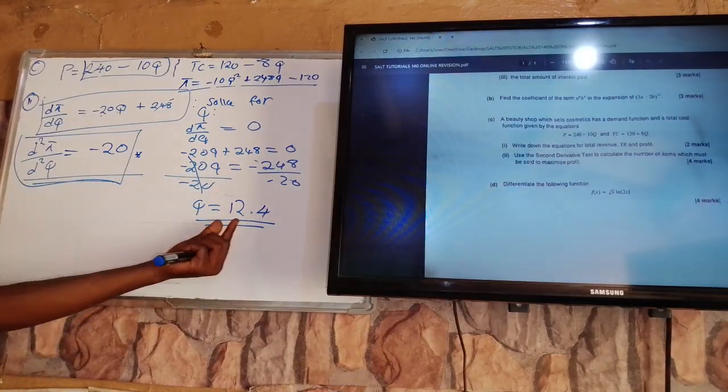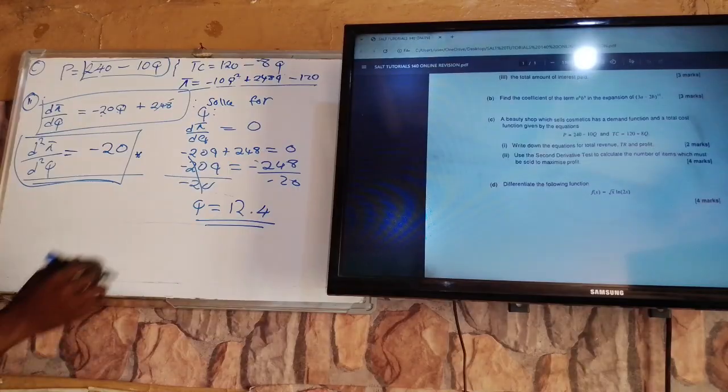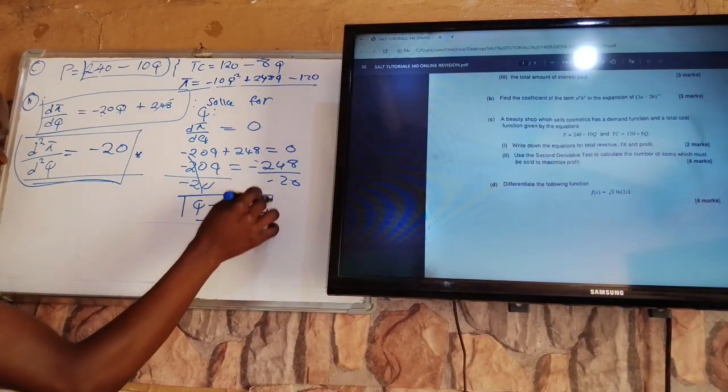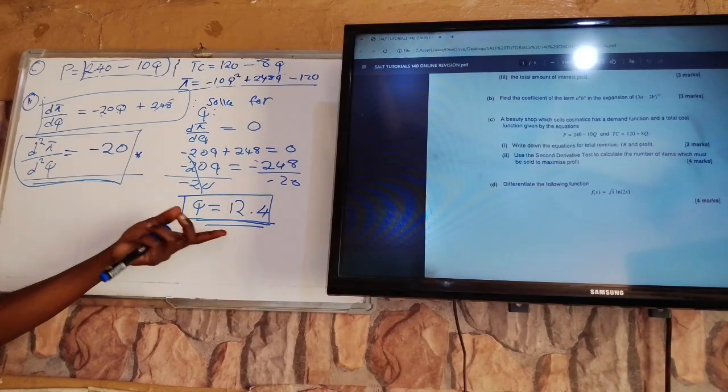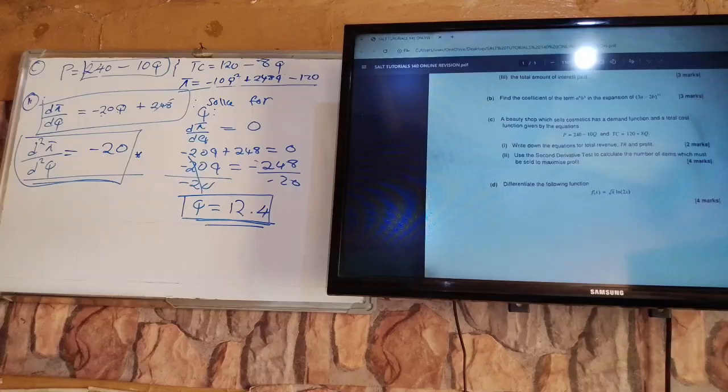So this q which we have here, the question is, is it a maximum point or a minimum value? This is the only value of q we have. The question says use the second derivative test.